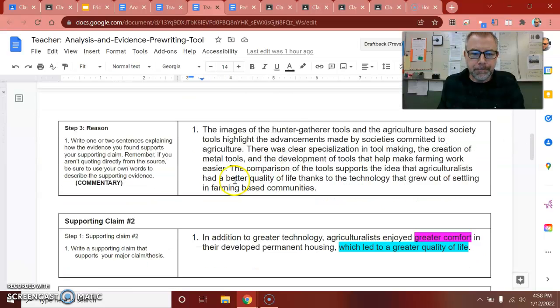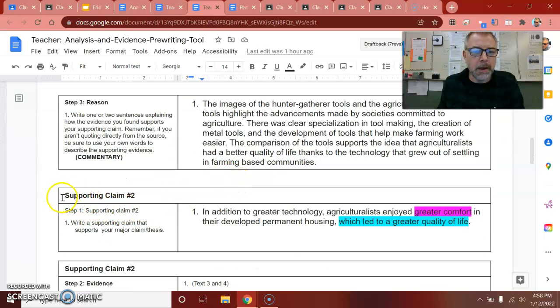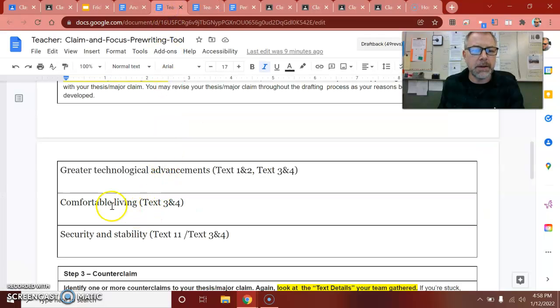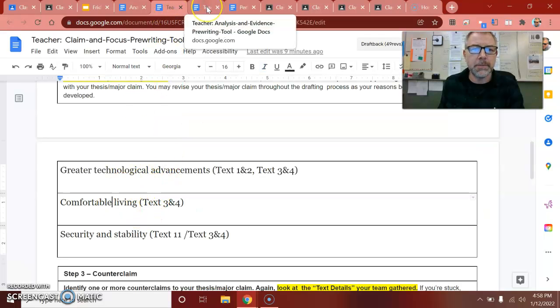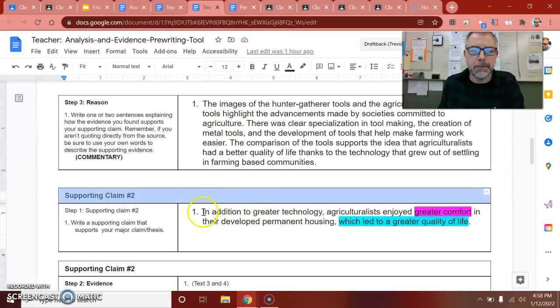Now, throughout this, I can then write my supporting claim 2 by going back and saying, oh, that was about comfortable living. Okay, so I'm going to do the same thing I did before. In addition to greater technology, that's a nice little transition phrase there, agriculturalists enjoyed greater comfort in their developed permanent housing, which led to a greater quality of life.